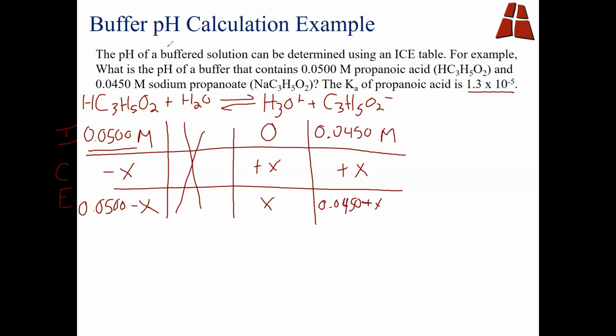Okay. You can also write, of course, the equilibrium expression, which is just our Ka, and then products over reactants, so H3O plus, and then C3H5O2 minus, and that would be divided by our concentration of acid, HC3H5O2.